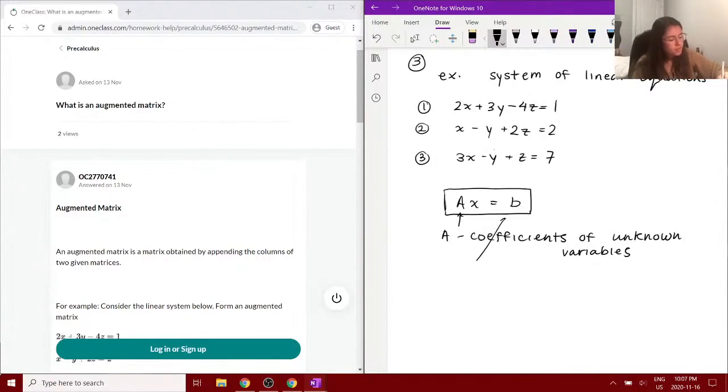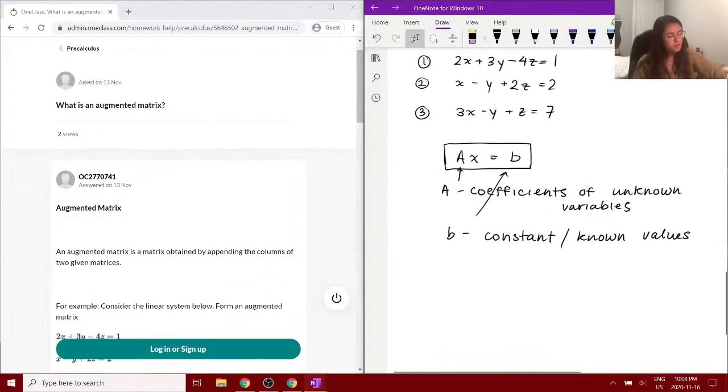And we have B, which contains the constant or known values from the linear equations.